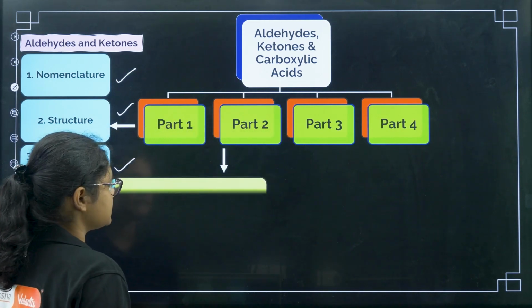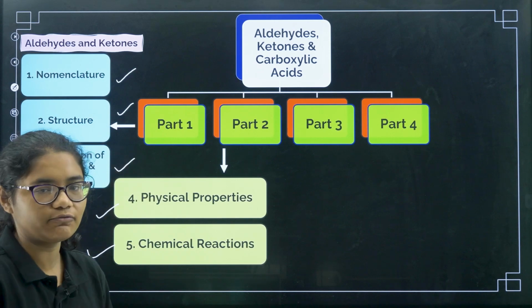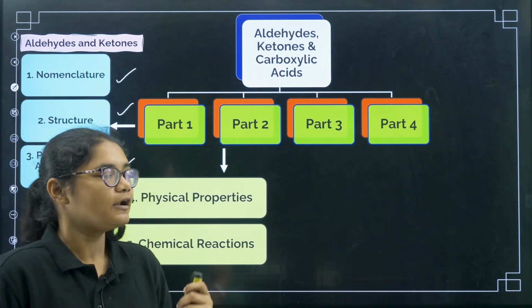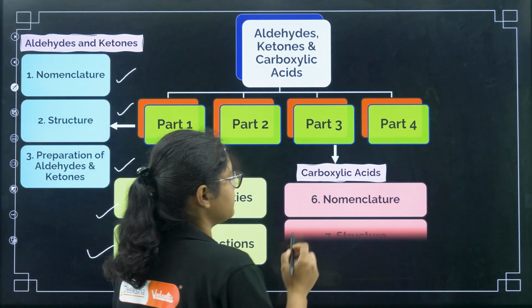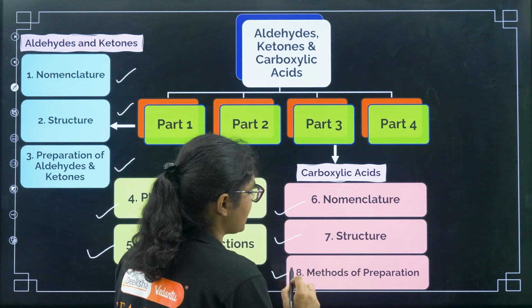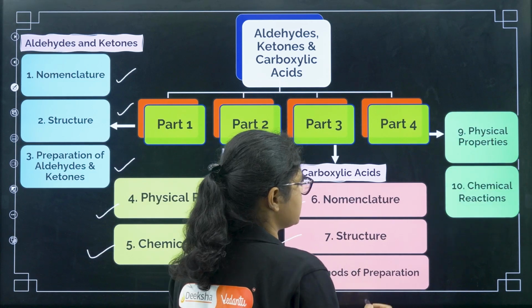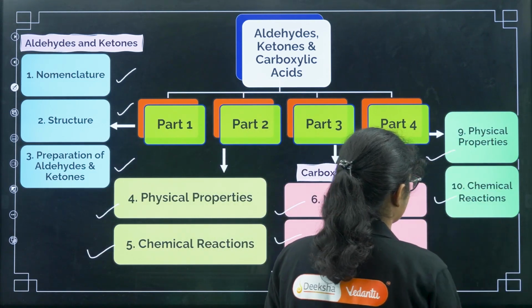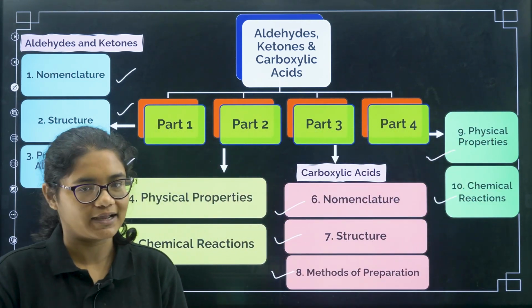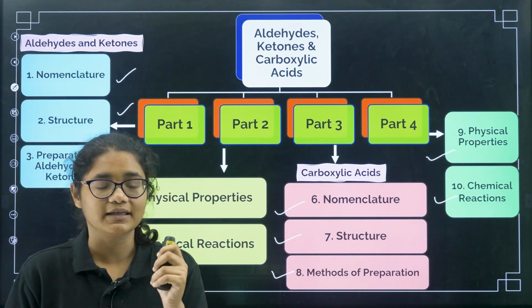Today's part 2 covers physical properties and chemical reactions of aldehydes and ketones. In part 3 we start carboxylic acid, with nomenclature, structure and methods of preparation. And in the last part for carboxylic acid, we will discuss its physical properties and chemical reactions, okay?